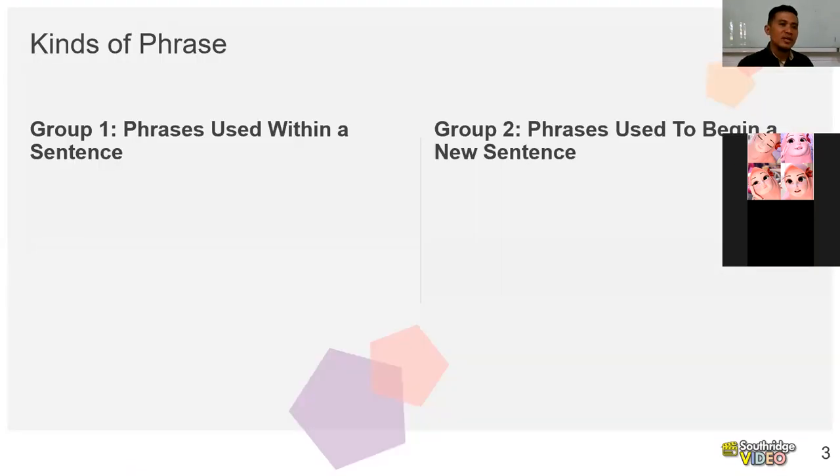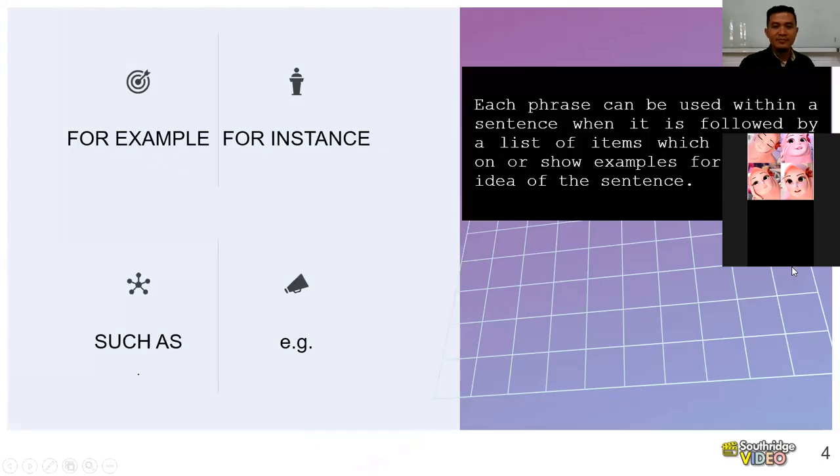Actually, it's divided into two: the phrase used within a sentence and the phrase used at the beginning of a sentence, to begin a new sentence, what we call the initial of the sentence. For example, for instance, such as, and e.g. can each be used within a sentence, followed by a list of items which elaborate or show examples for the main idea of the sentence.